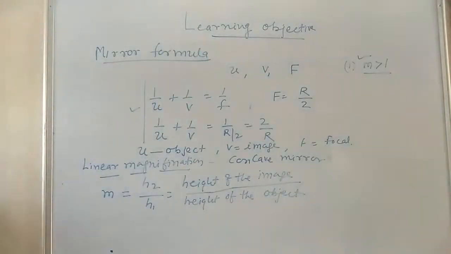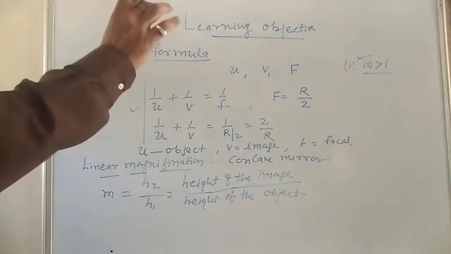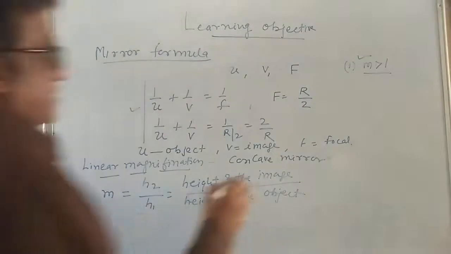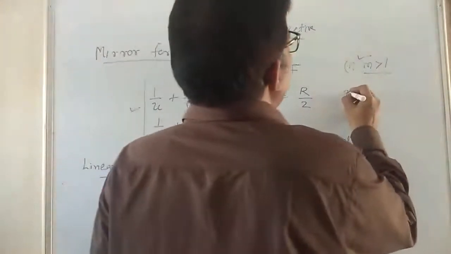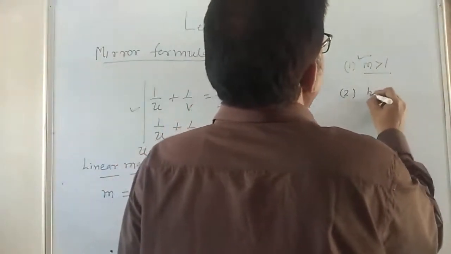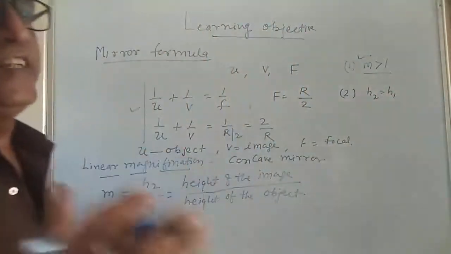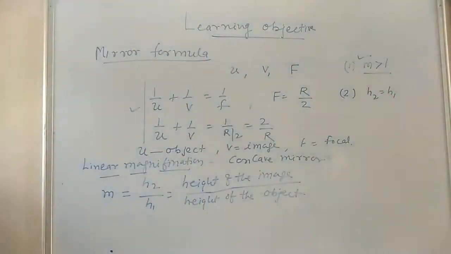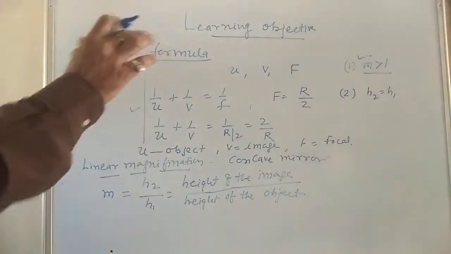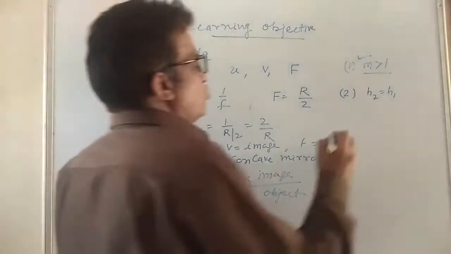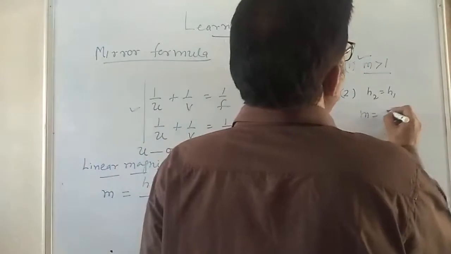In the second case, when the image is of the same size as that of the object, when the object is at the center of curvature, h2 is equal to h1. So linear magnification is 1. M is equal to 1.